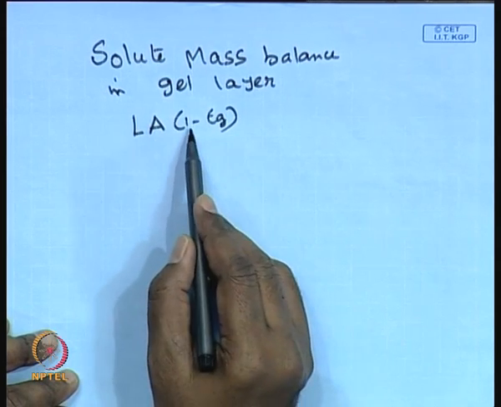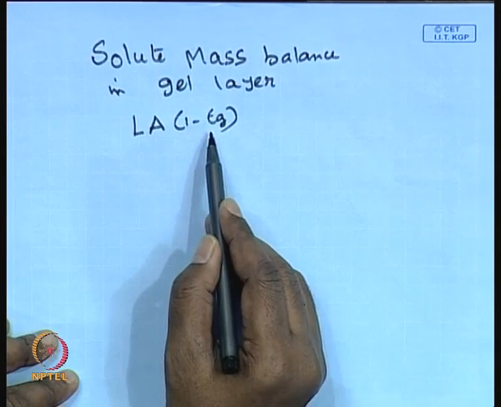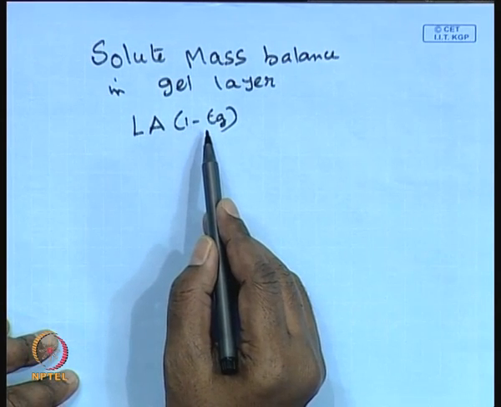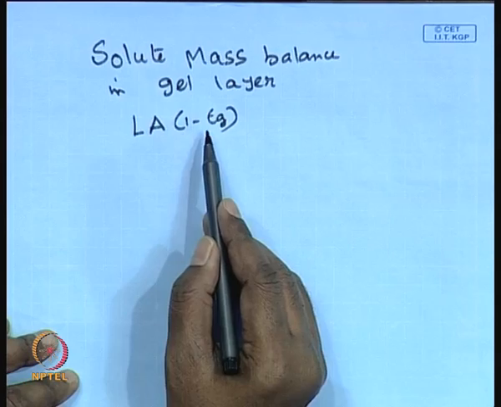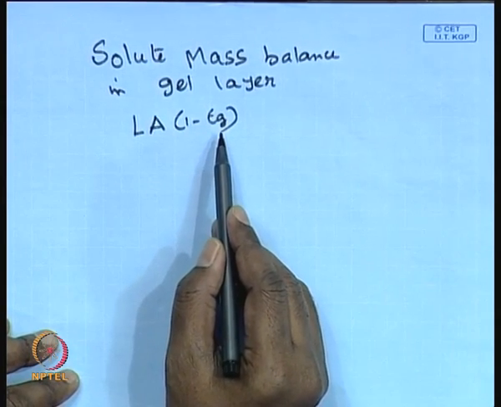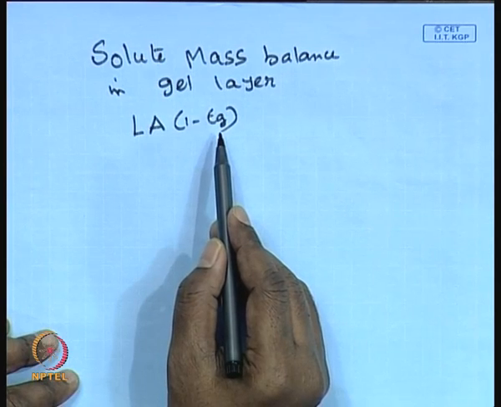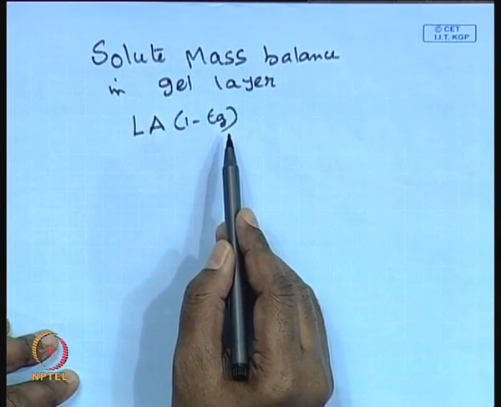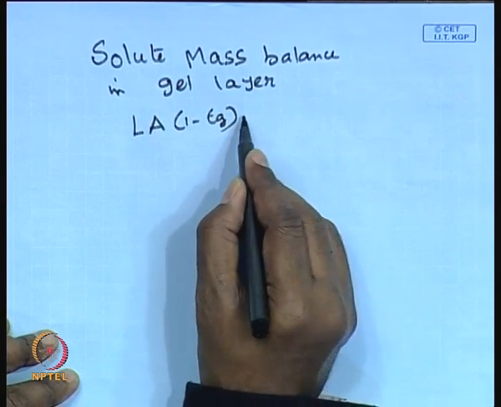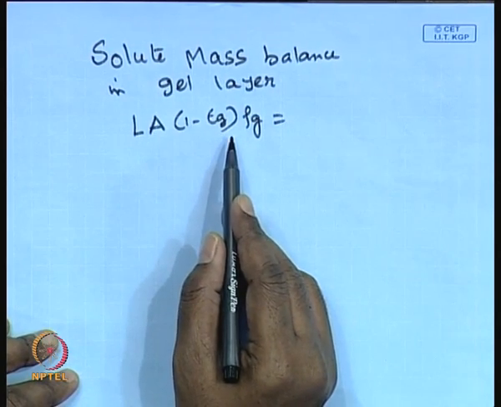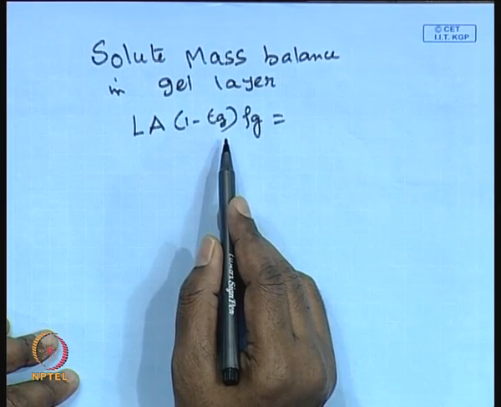That much volume fraction is occupied by water. So, the rest, 1 minus epsilon g, is the volume fraction occupied by the particle. So, L times A times 1 minus epsilon g will be the volume of the gel forming particle, right. It should be multiplied by the density of the gel forming particle, rho g. Okay. That will give you the total mass of the solute present in the gel layer.